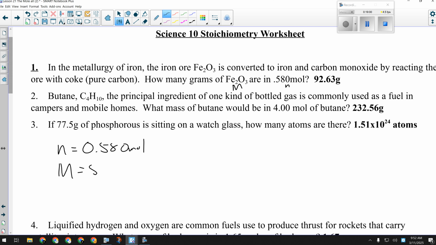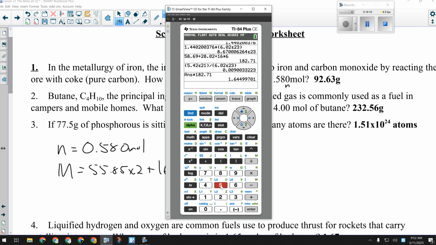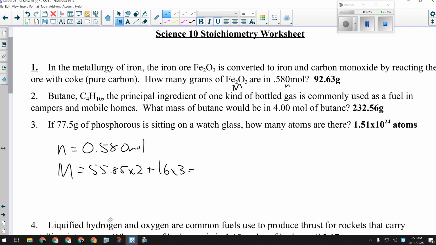So that's going to be 55.85, that's my iron, times 2, plus my 3 oxygen, 16 times 3. Okay, 159.7 grams per mole.